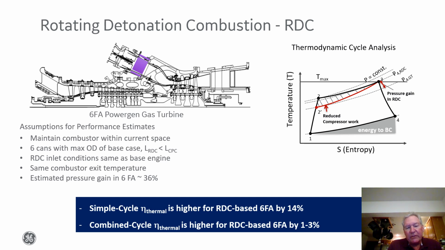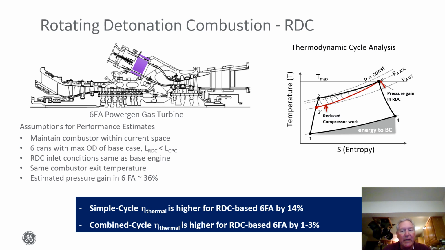Our system efficiency calculations show that moving to a rotating detonation type system or strategy could give us a simple cycle thermal efficiency increase of up to 14%.